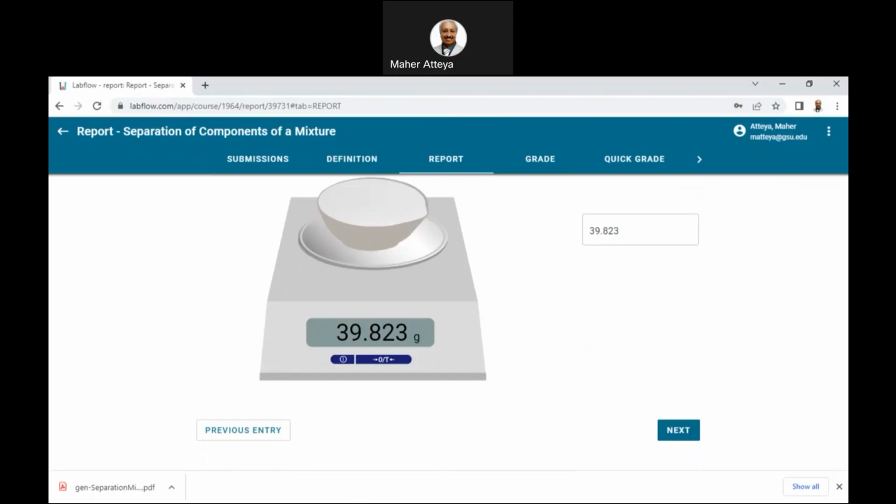So enter the mass that appears on the balance and click next.